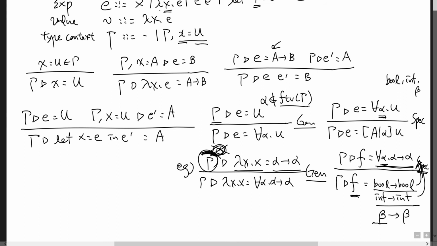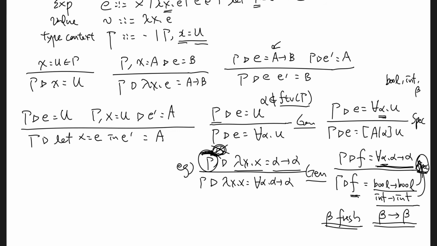So here, beta arrow beta is a monotype, so this application of the specialization rule is legitimate. And furthermore, theta is fresh. And this is fine because every type variable that we generate is guaranteed or assumed to be valid. So these are all valid examples of applying this specialization rule.